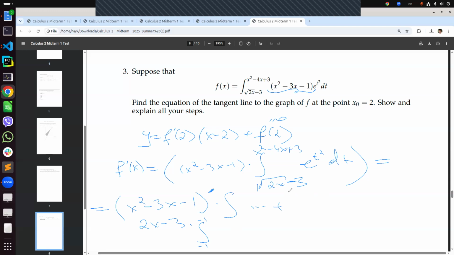And also we have the case when x squared minus 3x minus 1 is multiplied with the derivative of the integral. And the derivative of the integral is, according to the fundamental theorem of calculus, exponential. Instead of t, we plug in x squared minus 4x plus 3, squared, times the derivative of x squared minus 4x plus 3, which gives 2x minus 4.